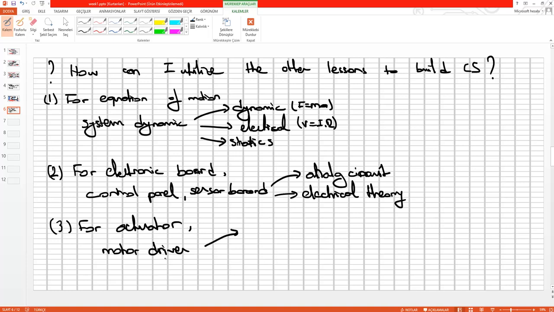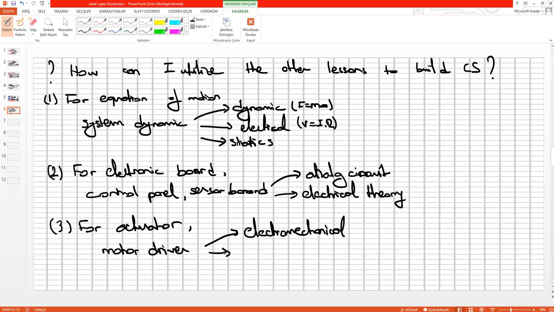But how can you do that? If you have taken the electric theory lessons, you can easily select the motor driver. For example, if you have a step motor, you can select the proper step motor and also its driver based on the information of the electromechanical energy conversion lessons. Okay.